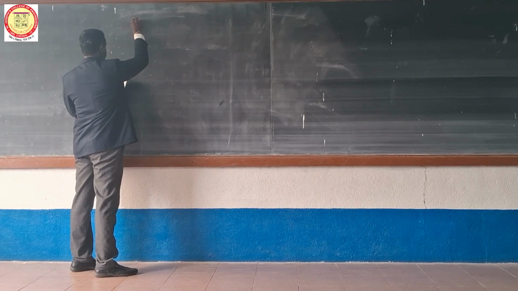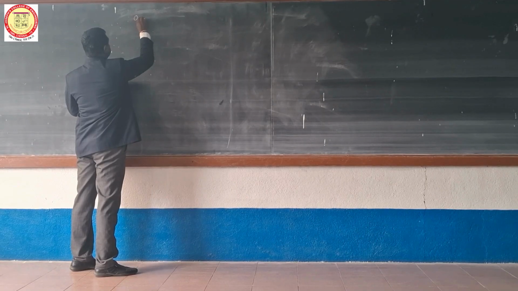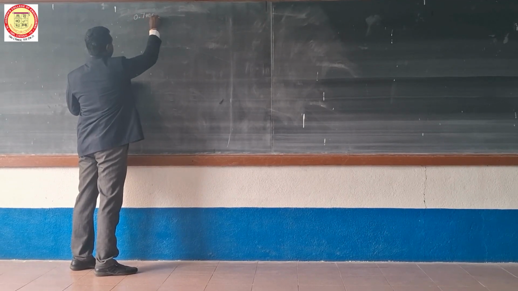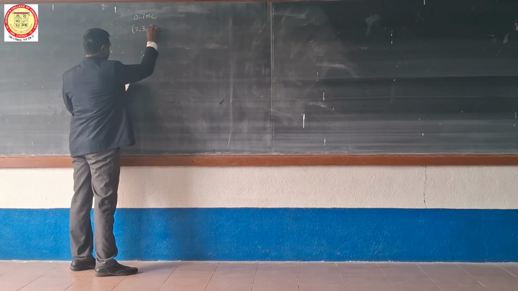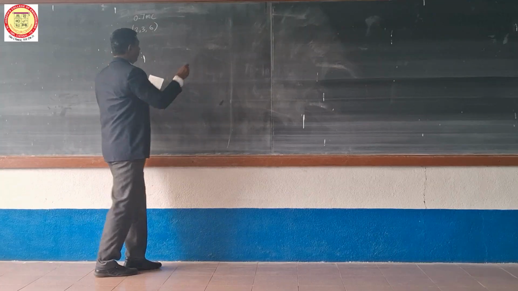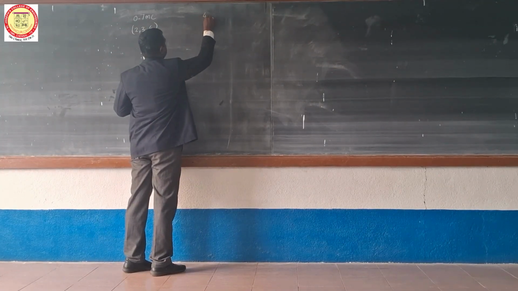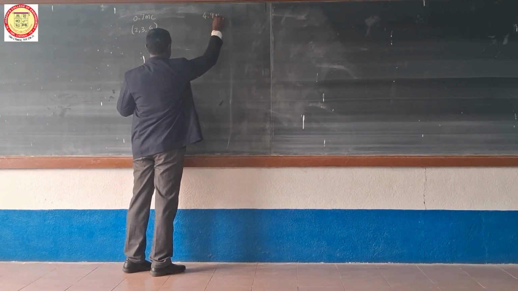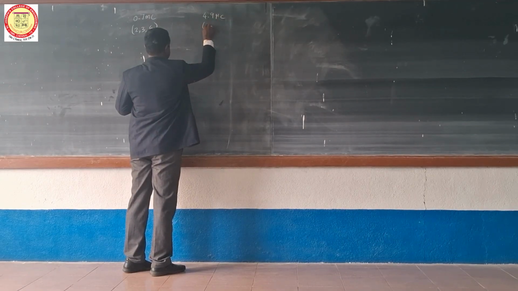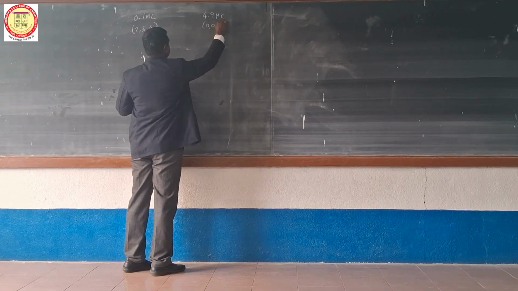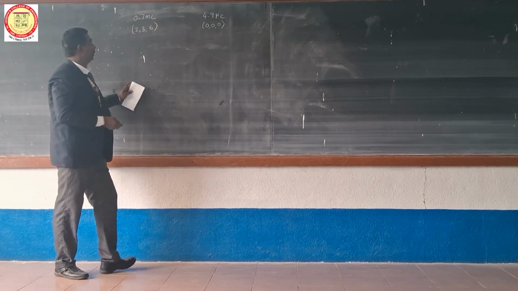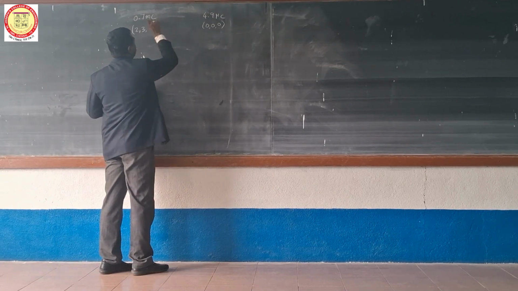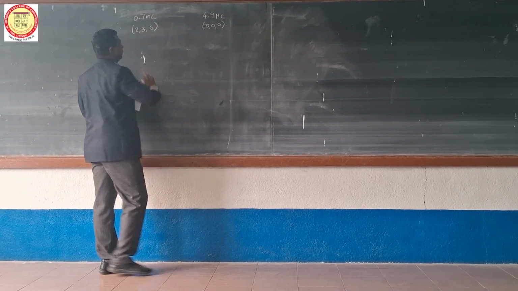Problem number 1, right? We have a point charge of magnitude 0.7 millicoulomb situated at 2,3,6, and another charge which has magnitude 4.9 microcoulomb situated at the origin. Calculate the amount of force exerted on the 0.7 millicoulomb charge by the other charge.